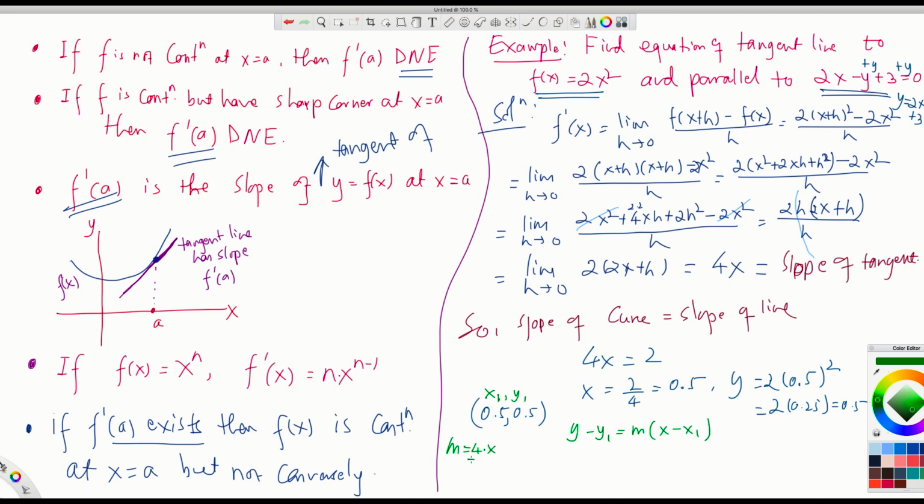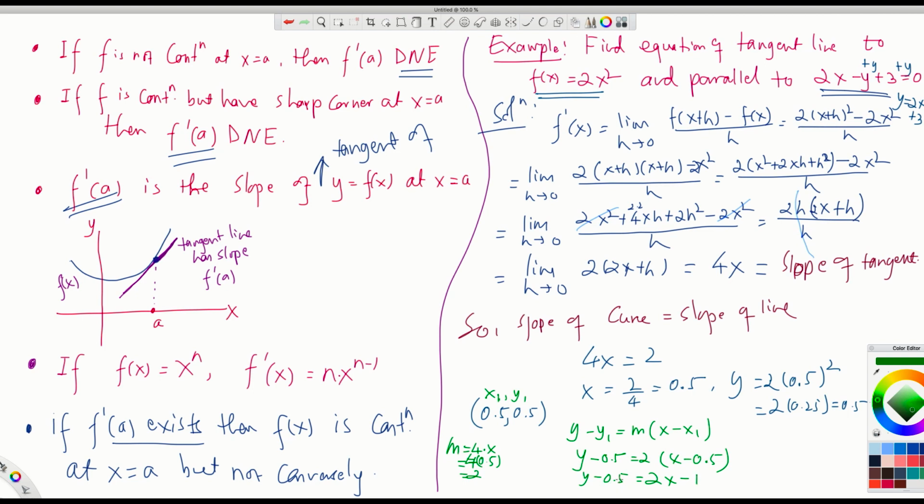That x is 0.5, so 4 times 0.5 is 2. So m is 2. So you can write y minus 0.5 equals 2 times (x minus 0.5). Now simplify. y minus 0.5 equals 2x, and then minus 2 times 0.5, which is 1.